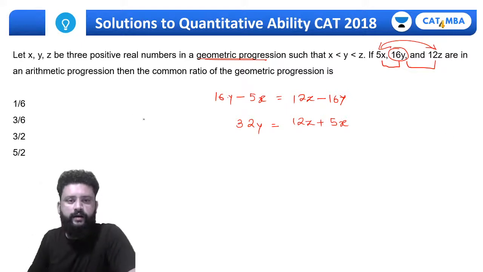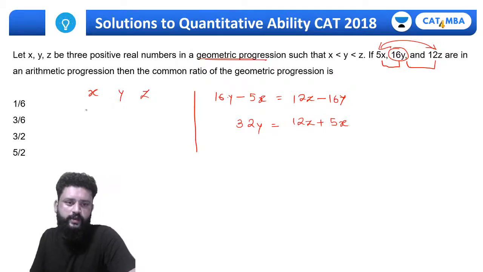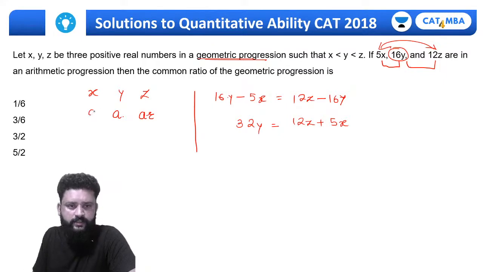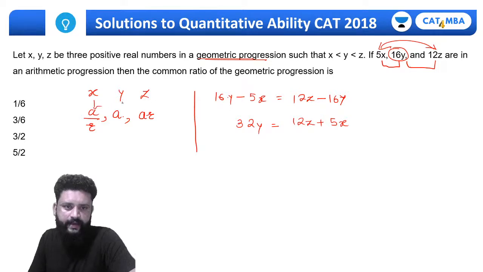Then let's assume the geometric progression. So x, y and z, the ratio must be constant. If the middle term is a, then the next term must be a into r and the previous term must be a upon r. I'll try putting the values of x, y and z.